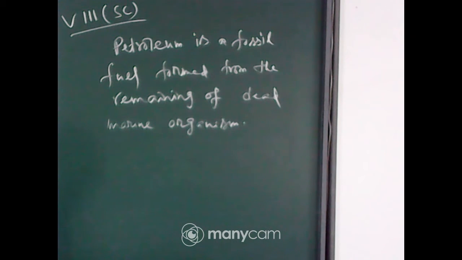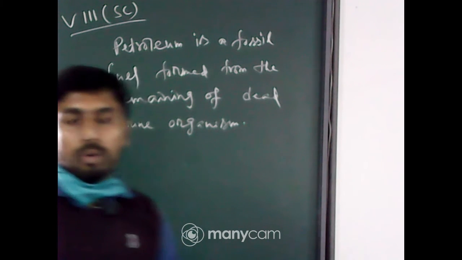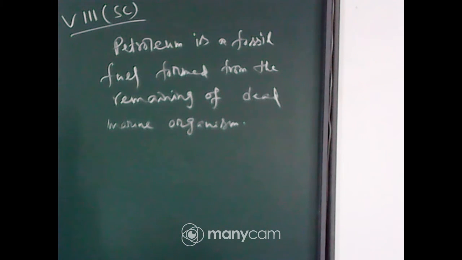So from there the question is how petroleum is formed. This is well discussed, and this is also given in your NCERT textbook. The world's first oil well was drilled in Pennsylvania in the USA in 1859, and 8 years later in India, that is in Makum in Assam.